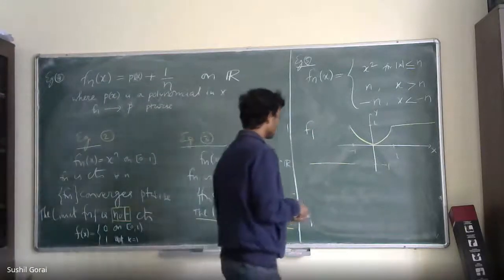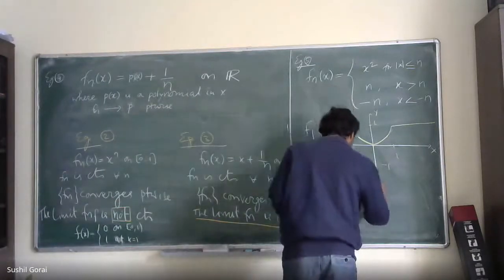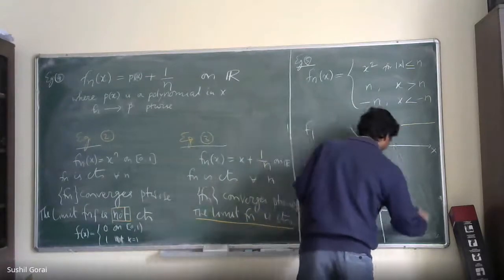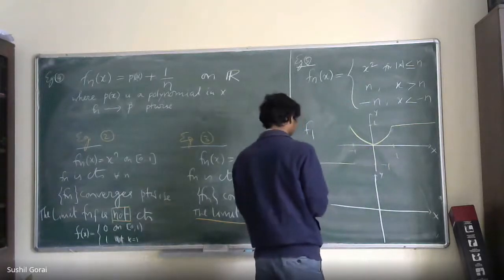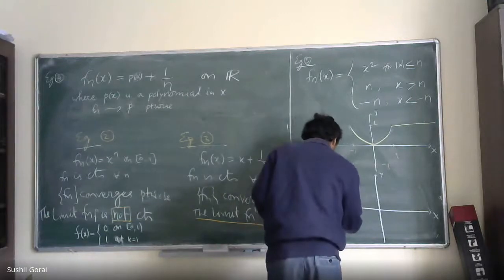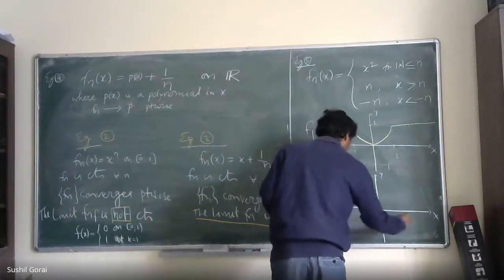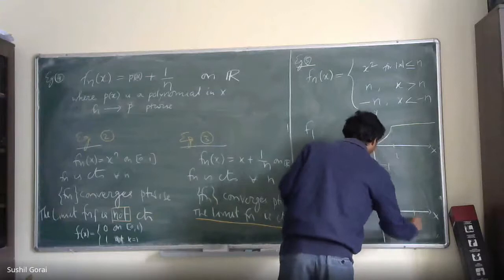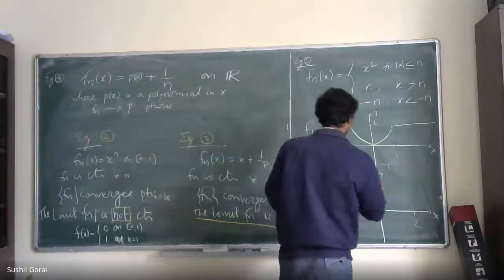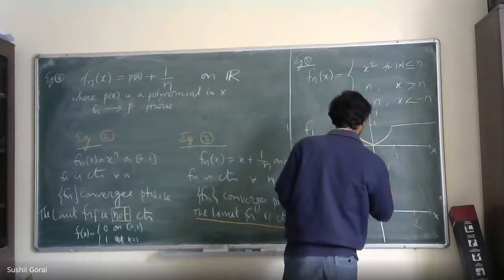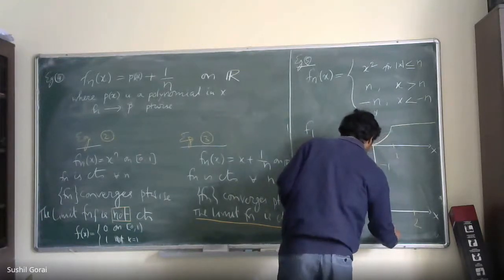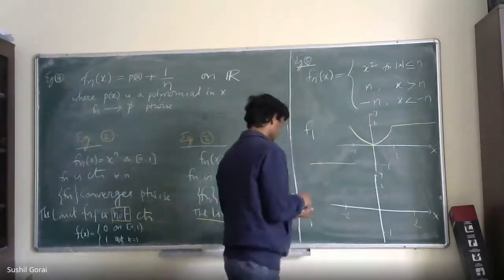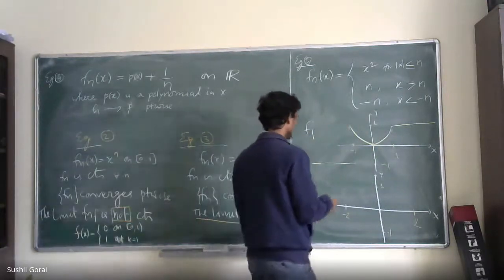Let us look at another one, F2. You have this from minus 2 to 2, and this is 1, this is minus 1. So minus 2 to 2, it will be y equal to x squared.